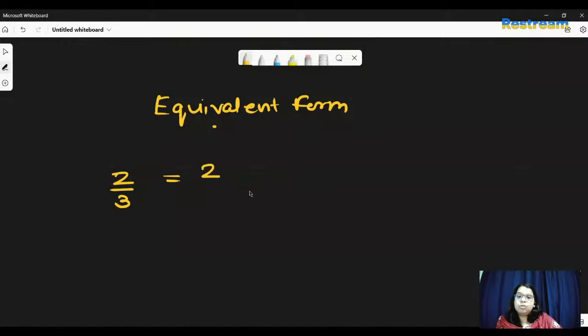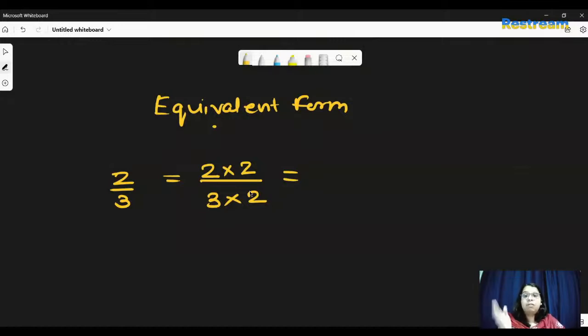If I take this 2 by 3 and multiply its numerator with a 2, we have to multiply the denominator also with the 2. Whenever we have a fraction, if you multiply the numerator with some value, you have to multiply the denominator with the same value. You cannot have a different number in the denominator, otherwise you will change the actual value of the fraction, which is not the right thing to do.